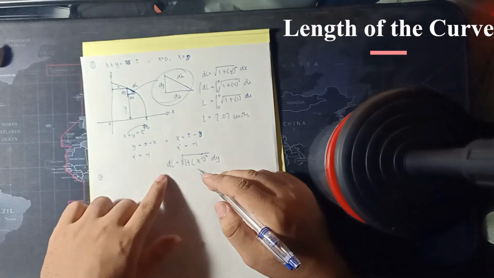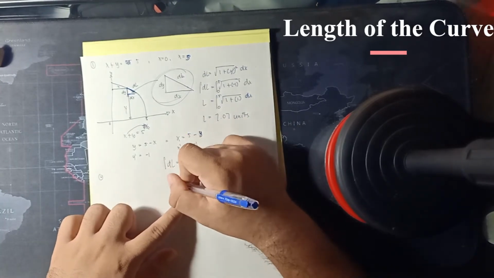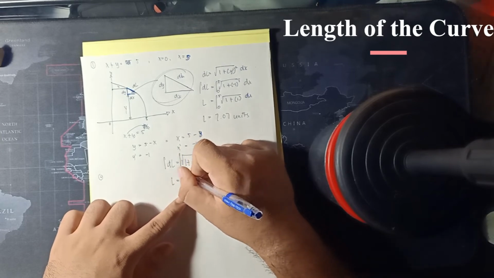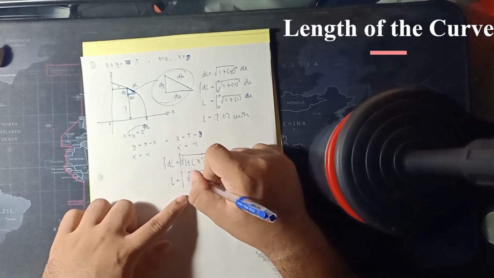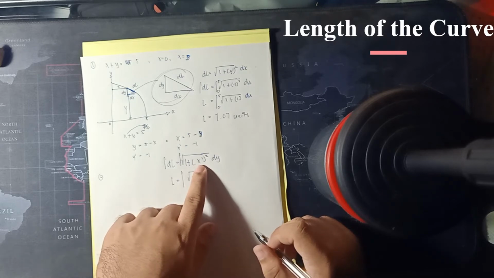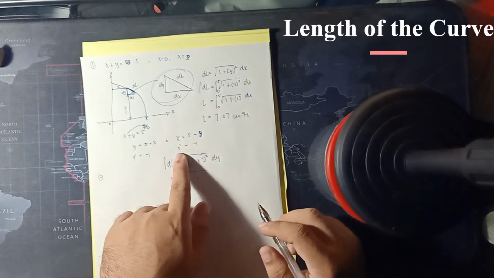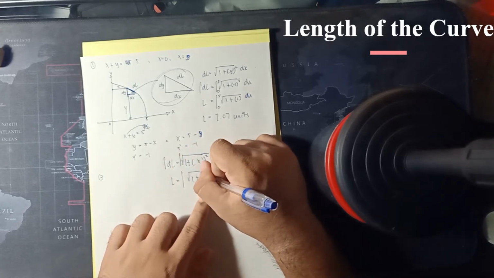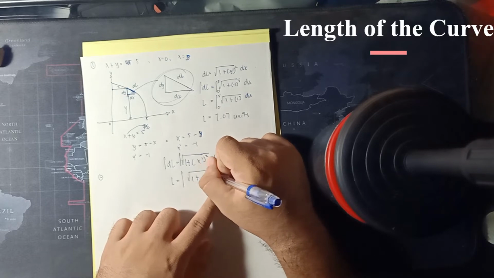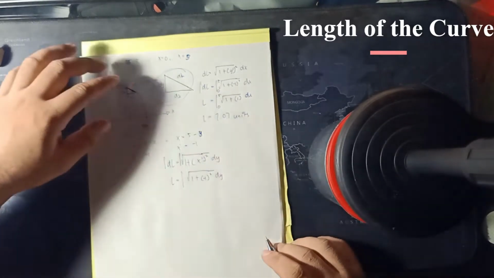When you take the integral of the differential length, the length is the integral of 1 plus x prime squared dy, where x is equal to 5 minus y and x prime is negative 1. This is now 1 plus negative 1 squared dy. It's the same as at the top.